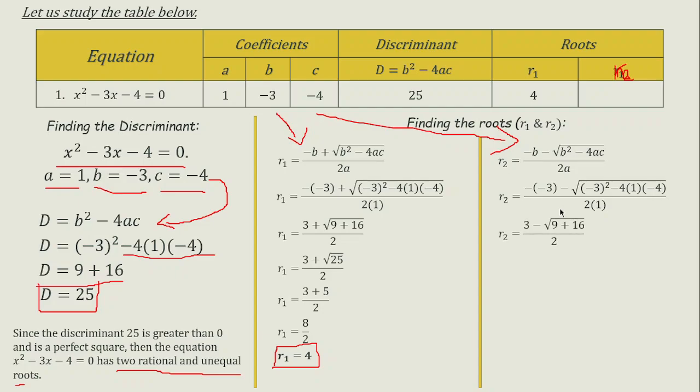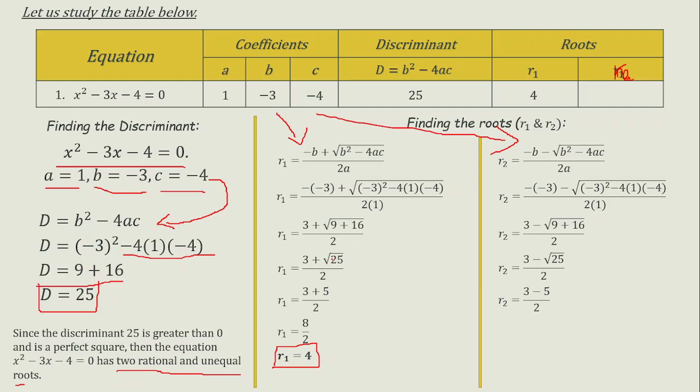So R2 is equal to 3 minus square root of 9 plus 16 divided by 2. Then add the two numbers, the same answer, square root of 25. So 3 minus square root of 25 divided by 2. Find the square root of 25, so the answer will be 5.